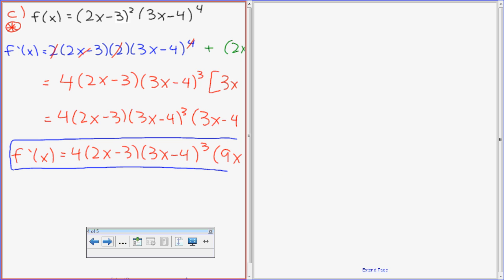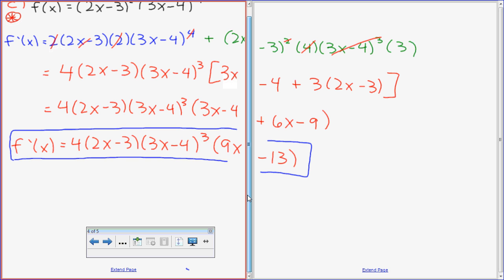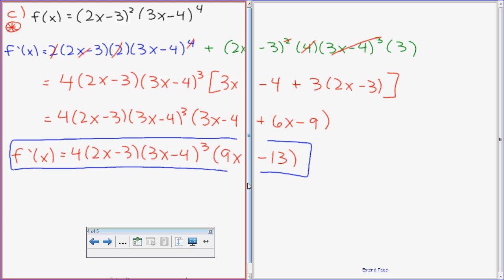Okay. Now, the other question is, why did I have to do that? So it looks nicer. Well, yes, it looks nicer. Secondly, I've gotten another root out of it, which is 9x minus 13. So you see what I did there? I ended up getting another root. Also, it's a lot easier to manipulate algebraically.